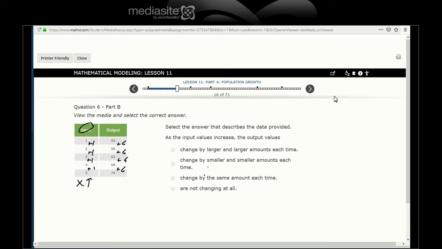Again, as the input x increases, the output value changed by larger and larger amounts. Okay, it's not getting bigger and bigger between steps, it's not increasing by a small amount, changes by a small amount each time, not changing at all. This guy.